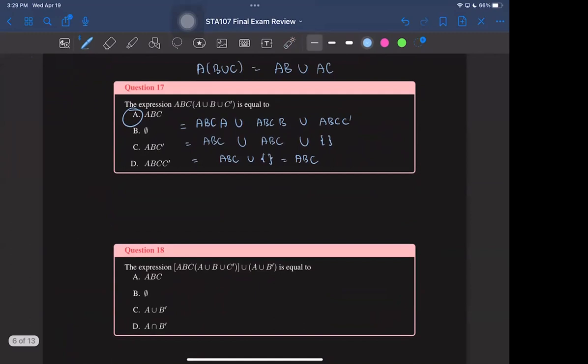If no question, I will let you vote on 18. Please use the result that we just obtained for this expression so that you don't have to do everything over again.